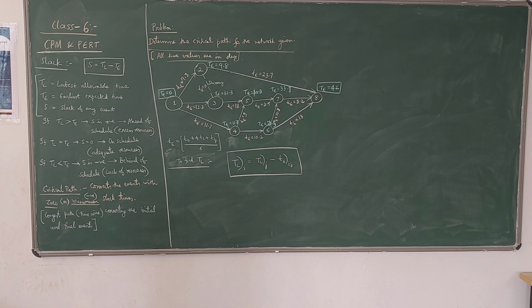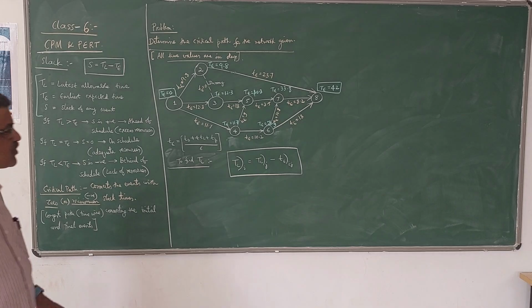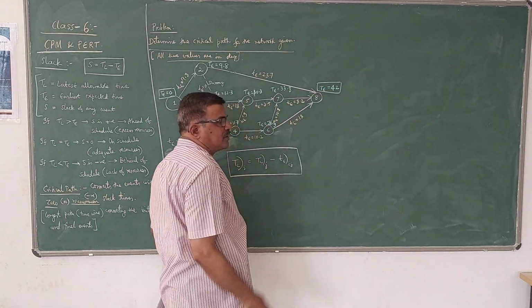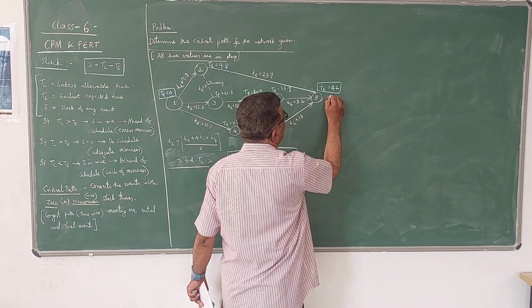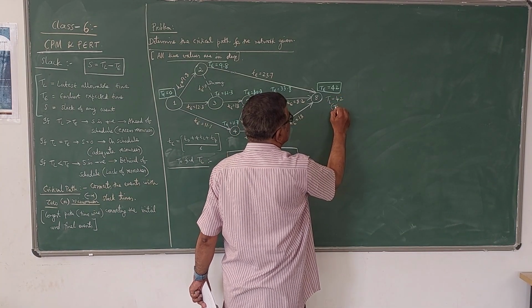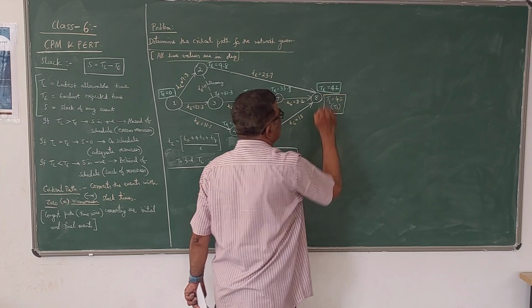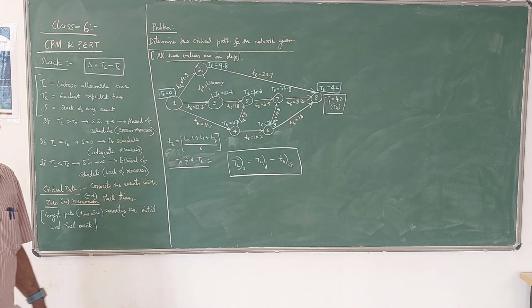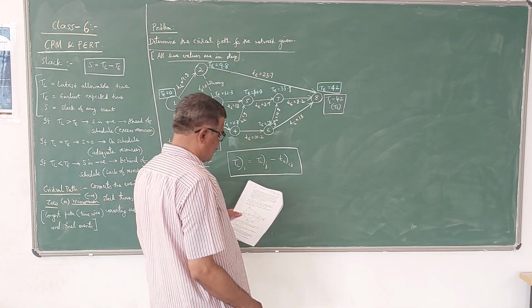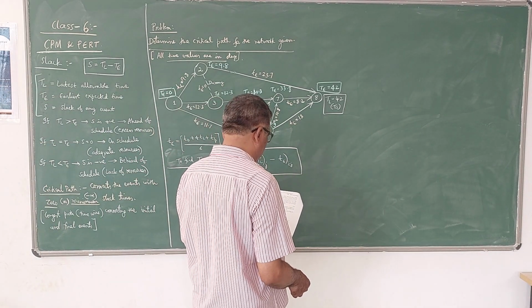We have to start from the last event, because we have to move backwards. So the scheduled time here is 42, which is also called TS. So TL of the last event is also called the scheduled time, that is TS. Now this value we have to take as 42.